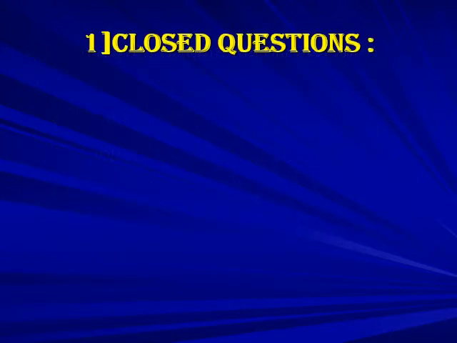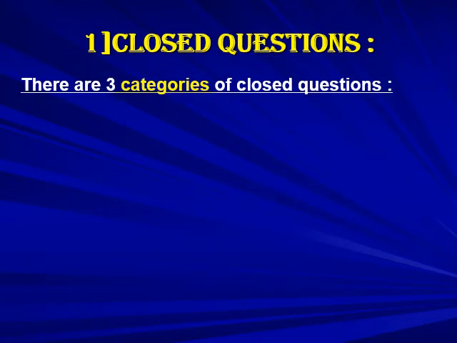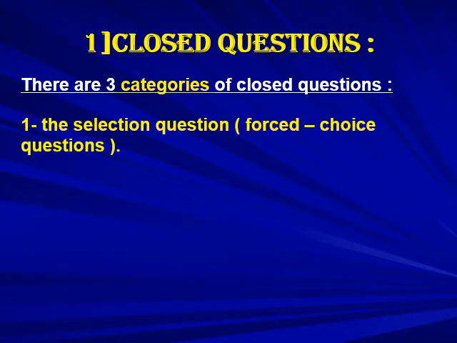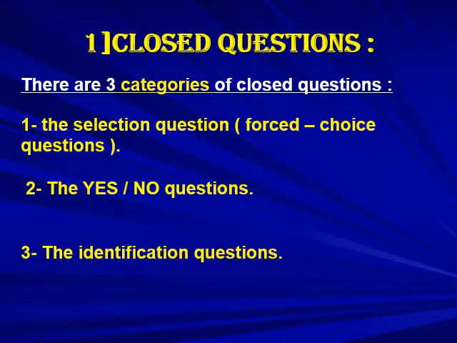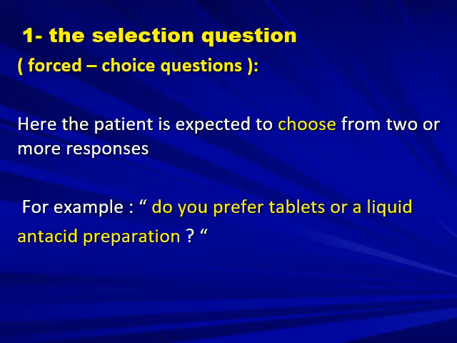We found that closed questions have 3 categories: selection questions, yes or no questions, and the third type of closed questions, which is identification questions. Let's see the selection question, which is the forced choice question. Here the patient is expected to choose from 2 or more responses.